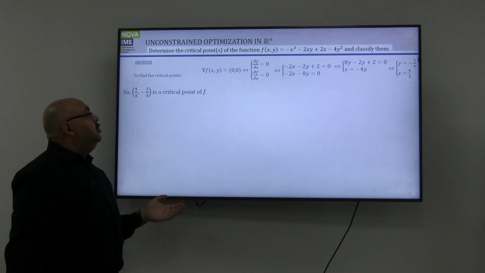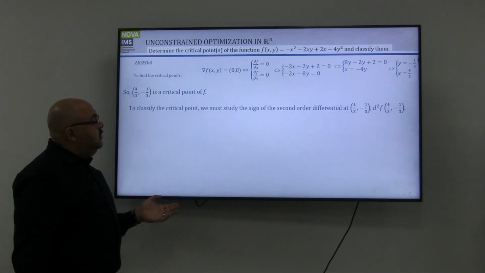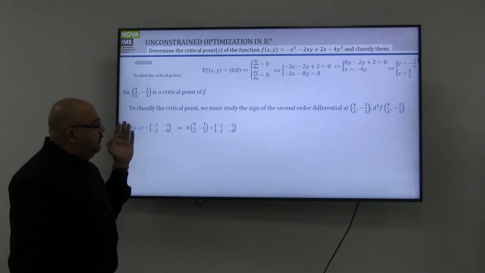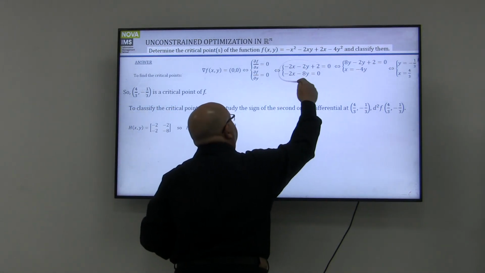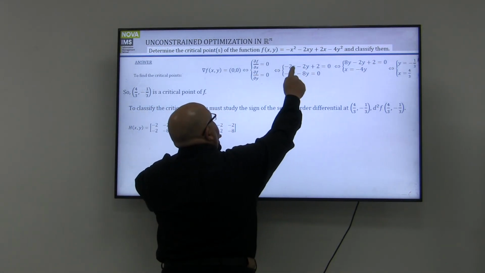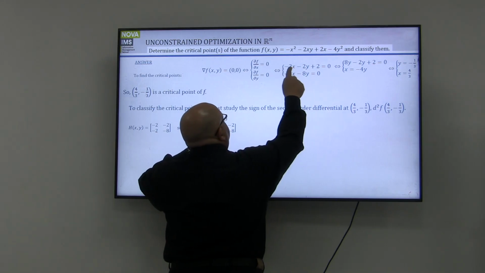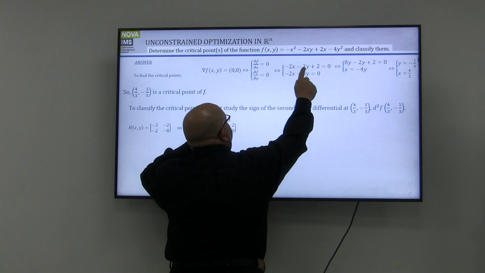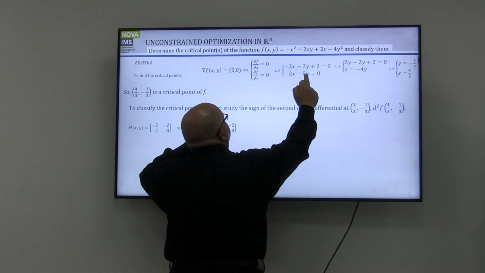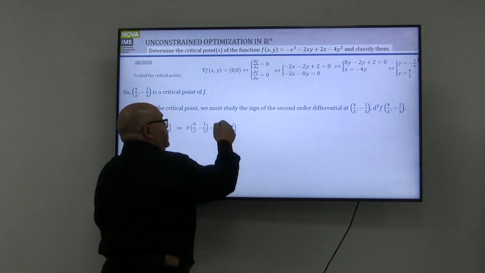Then start getting your Hessian matrix from the second derivatives of this function. So I will differentiate once more in order to get my Hessian. The derivative with respect to x, x is going to be negative 2. With respect to x, y is going to be negative 2. With respect to y, x is going to be negative 2. With respect to y, y is going to be negative 8.